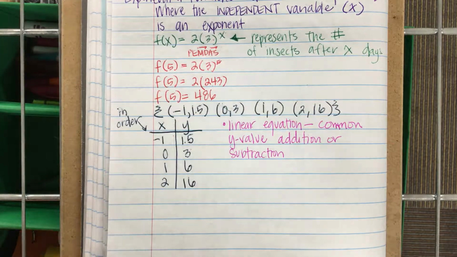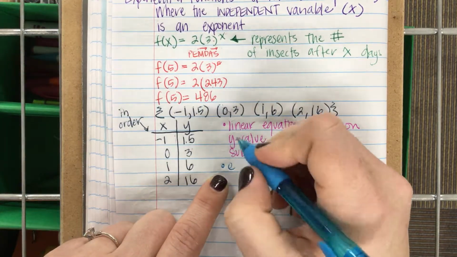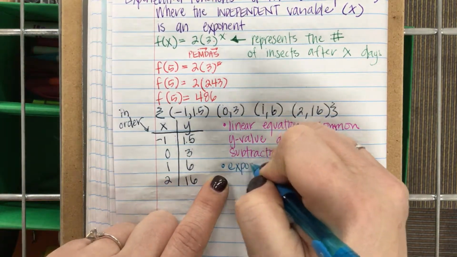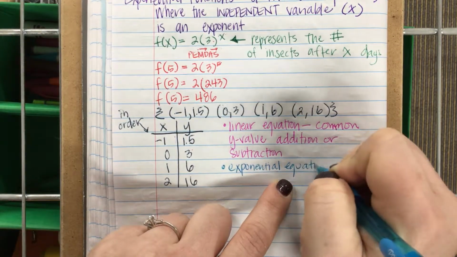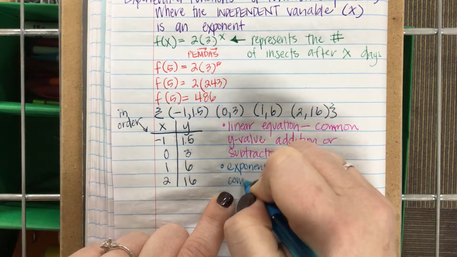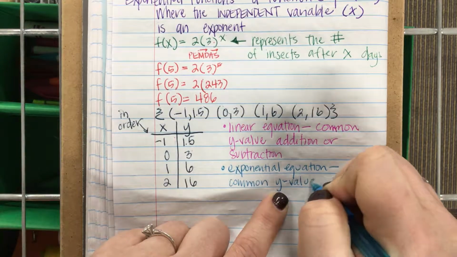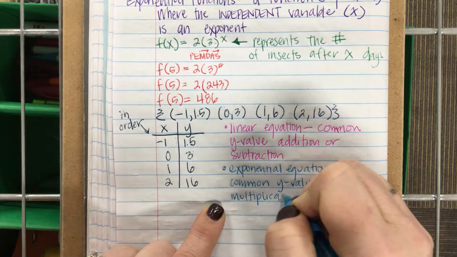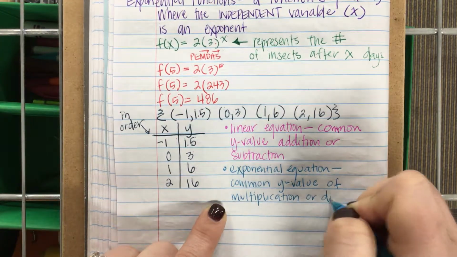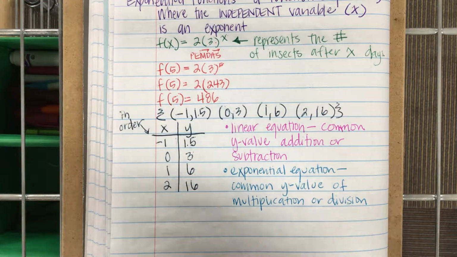So now I'm going to check to see, is it exponential? If it's exponential, there's a common y value of multiplication or division. And I can already see that I made a mistake in copying this.